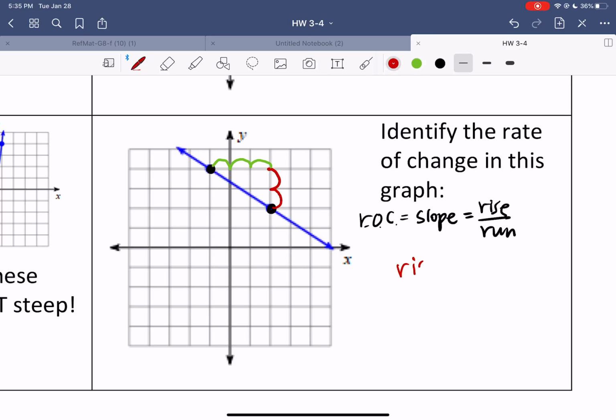So rise over run. So use those numbers there to get your answer. And again, if you were using this, it would be puff positive, nice negative right there. So make sure that your final answer will have a negative in it.